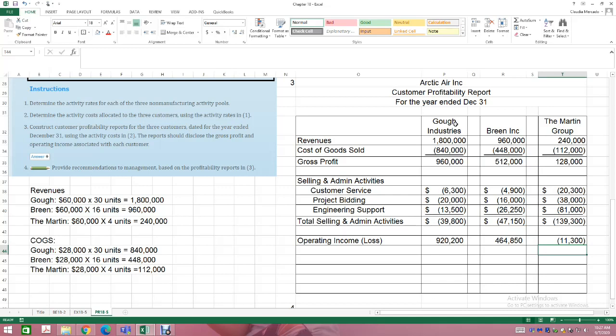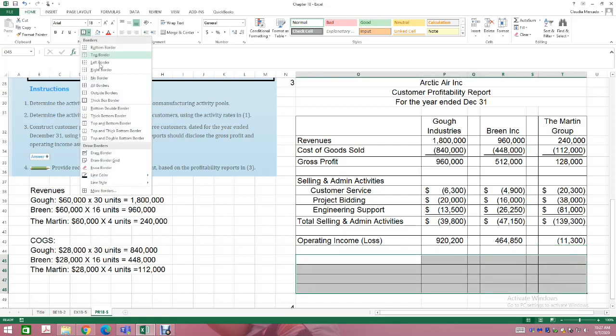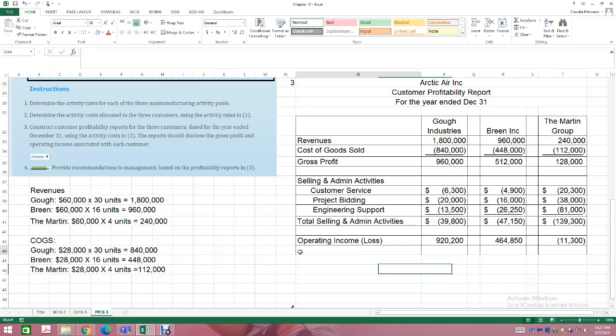For Go Industries, we are making operating income of $920,200. For Brin, $464,850. And the Martin Group, we have a loss of $11,300. So those are my operating income for the 3 customers.